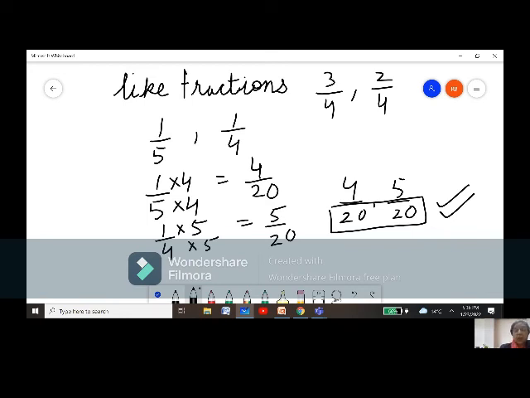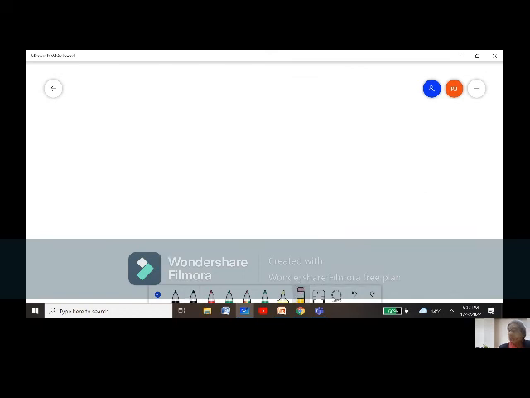Now we will do one more example. Now we have fractions 2 by 3 and 3 by 4. We have to change them into like fractions. First write down the first fraction 2 by 3 and multiply by the denominator of the second fraction.